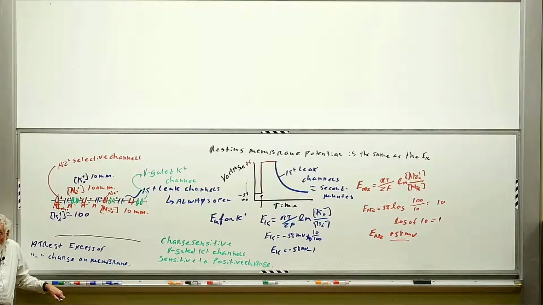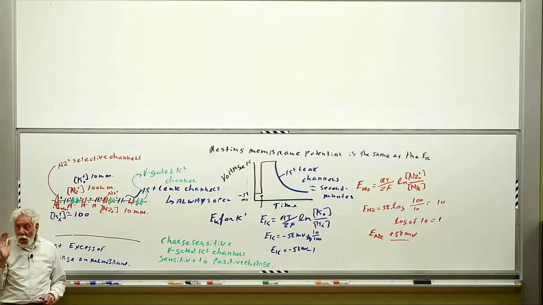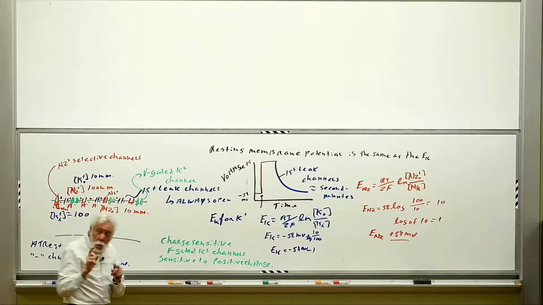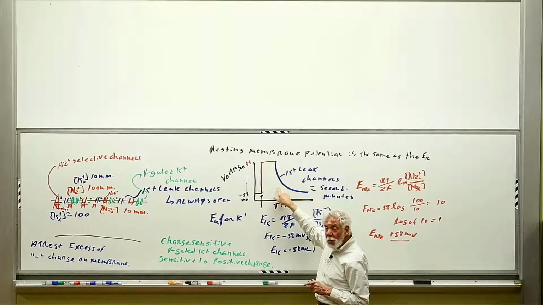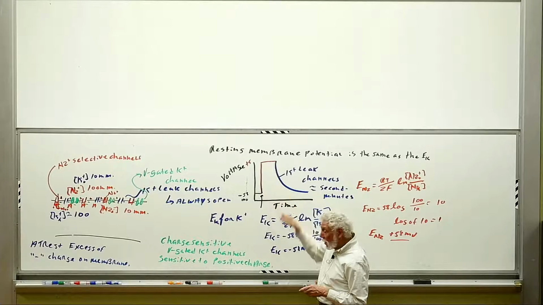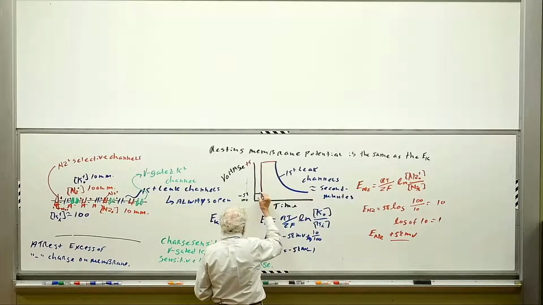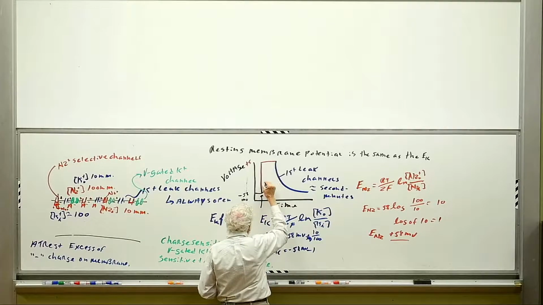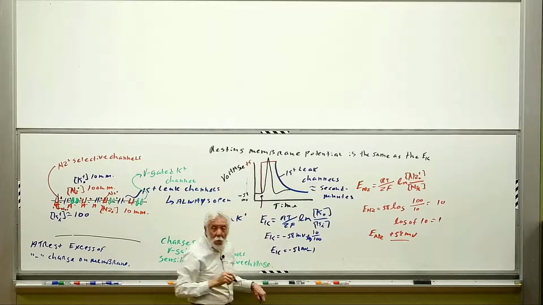But my question is whether they can leave through the leak channels. Yes, they can leave through leak channels. The only reason we have to invoke the voltage-gated potassium channel is speed. Because this action potential, and maybe I should draw it more accurately, if this were a typical action potential, it goes up to plus 40 and comes back down almost immediately.